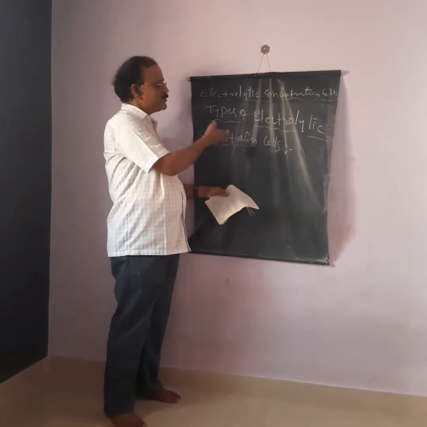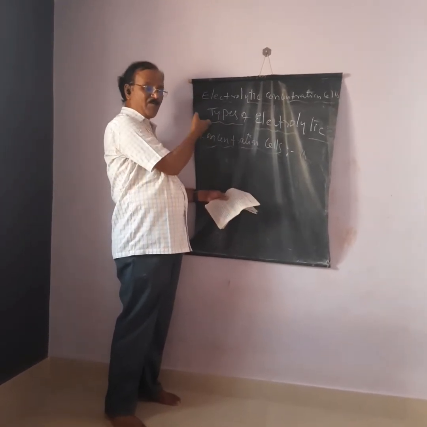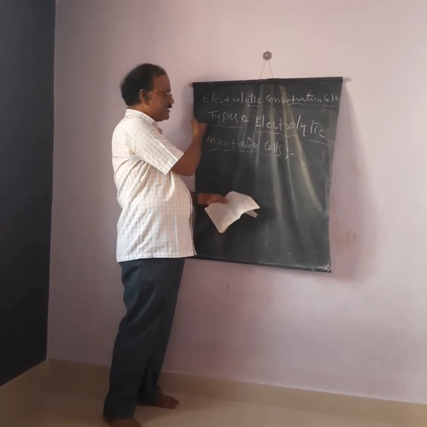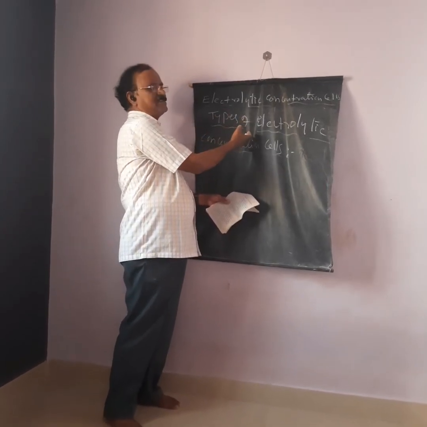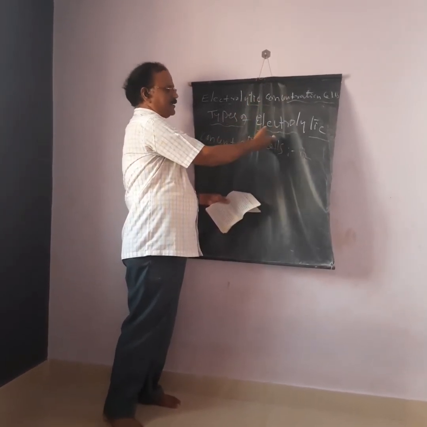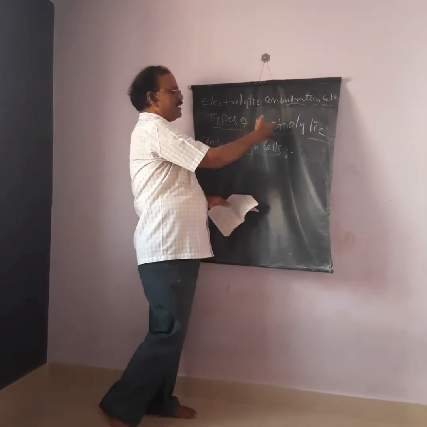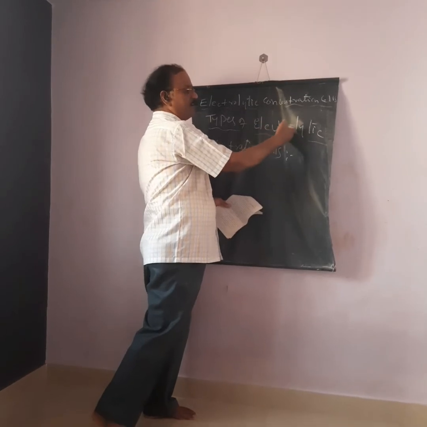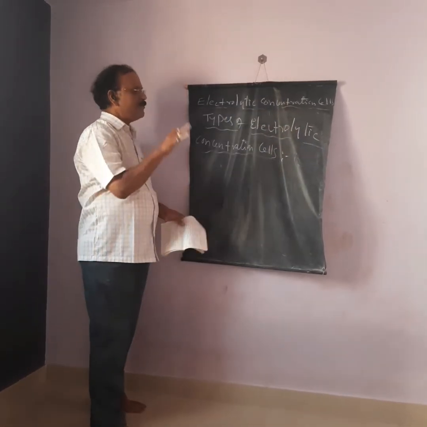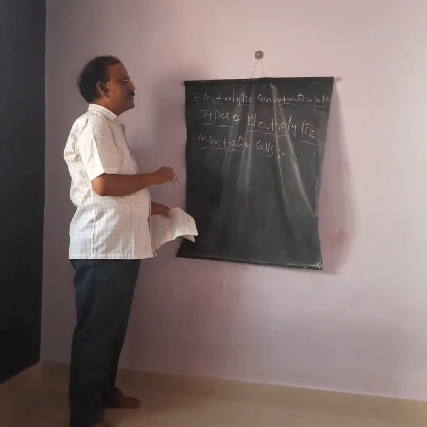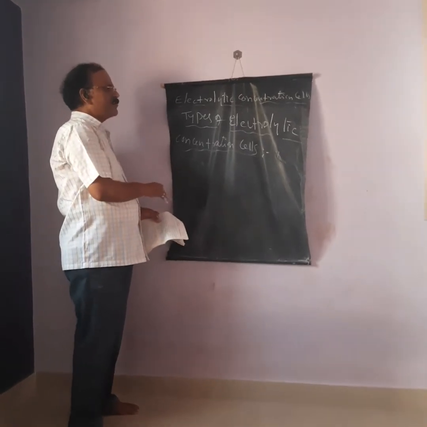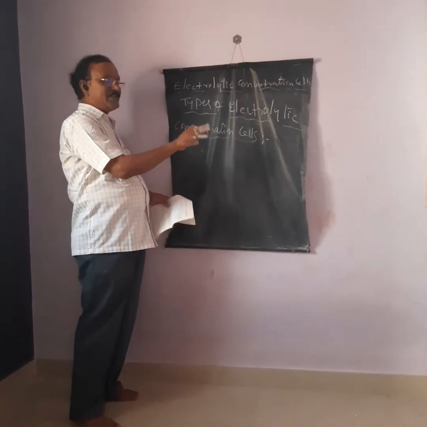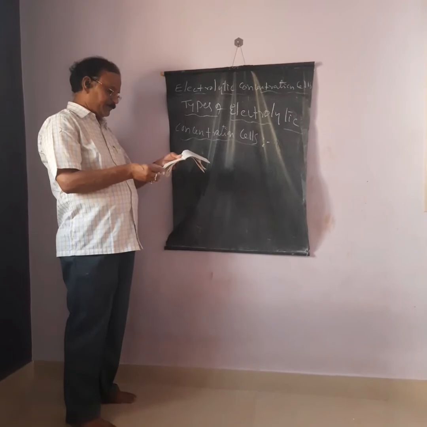Such examples are also given, examples 3 and 4 above: zinc amalgam, zinc sulfate solution in contact with PbSO4, as well as silver sulfate, silver. Above I have given 4 examples. All 4 examples are types of electrolytic concentration cell without transport.